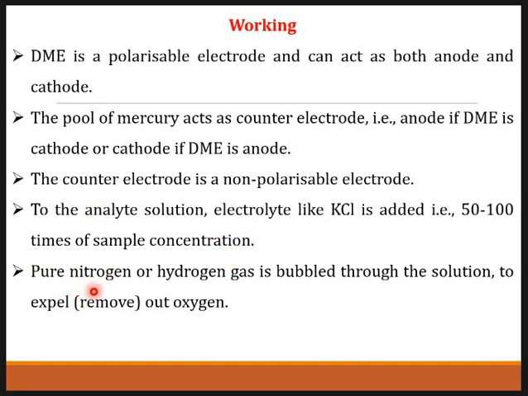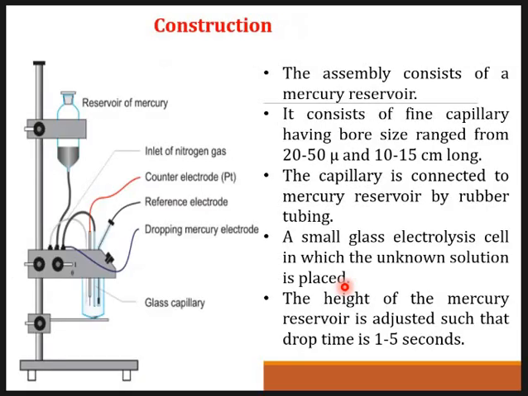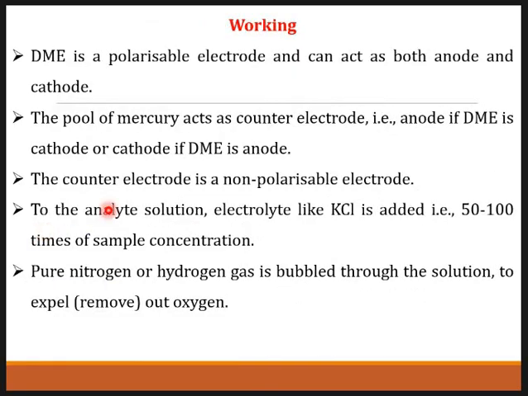Pure nitrogen or hydrogen gas is bubbled through the solution. You can see here the inlet for nitrogen gas, which is bubbled through the solution to expel oxygen. We will discuss this later.